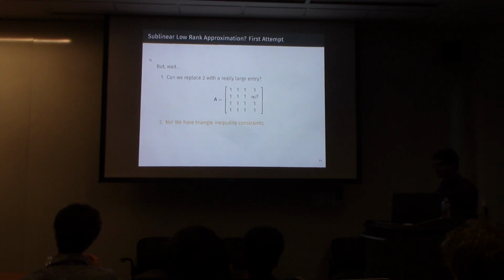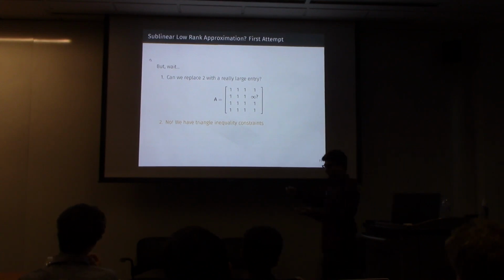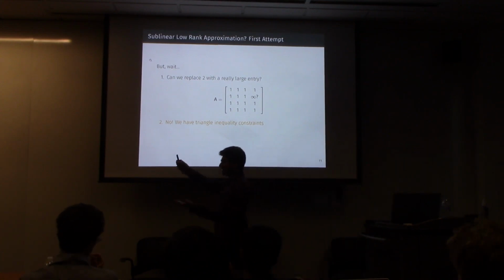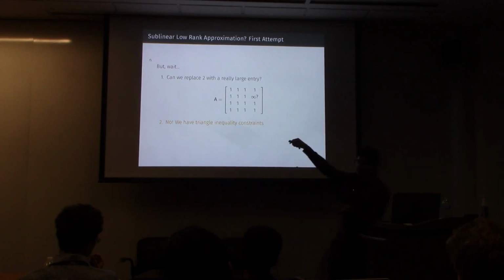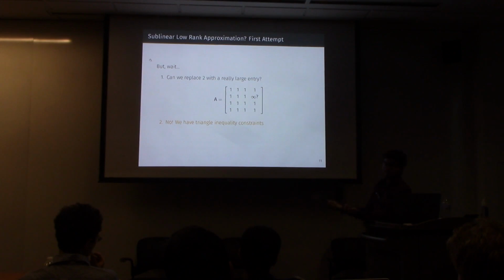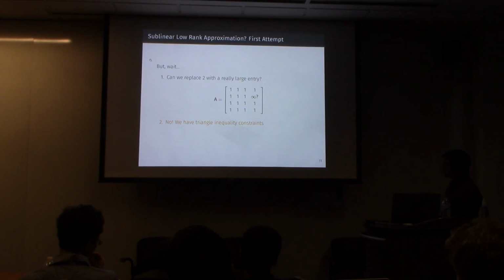The way to think about this is basically very simple. If I have a point set and I take a point and I put it at infinity, now the distance between this point and all the other points in P is going to be really large. So I can't just make one point really large and have all other distances to be 1.